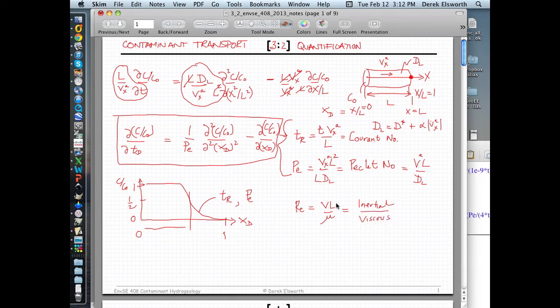So in the same way, that's irrelevant to this class for now, but what's relevant to the Peclet number is that if you write it out as the velocity times length over dispersion, it's the ratio of advective flux to dispersive flux. So not forces, these are forces.